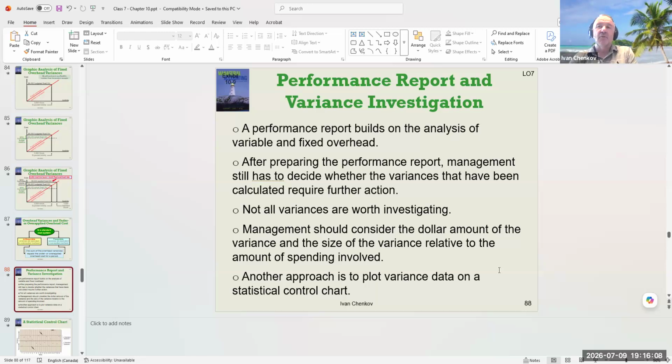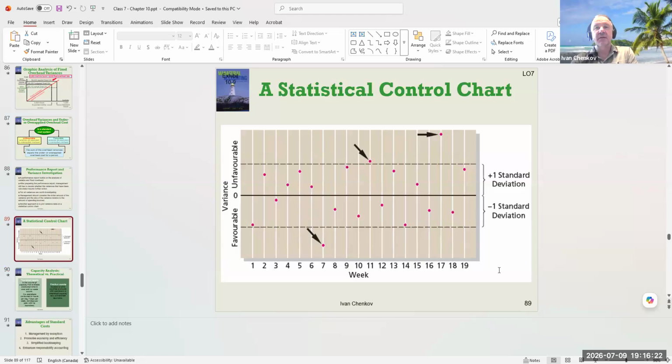Management should consider the dollar amount of the variance and the size of the variances relative to the amount of the spending which is involved. Another approach is to plot variance data on the statistical control chart, an example of which you're going to see here.